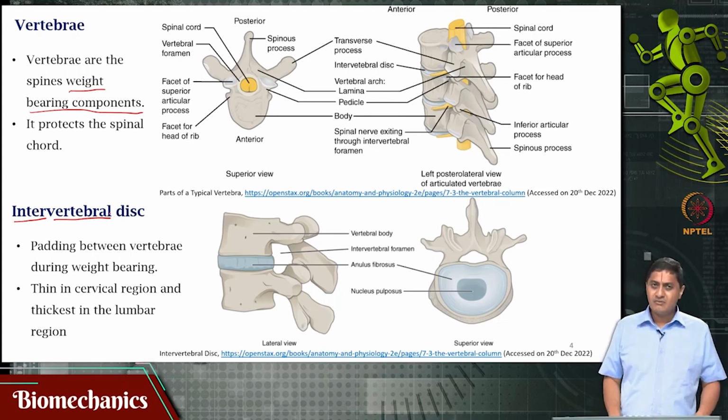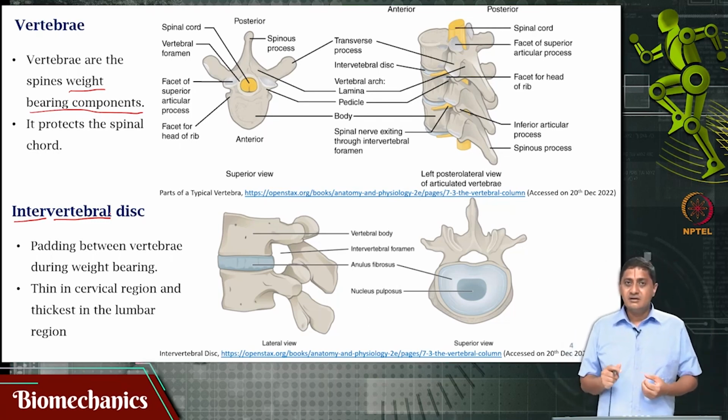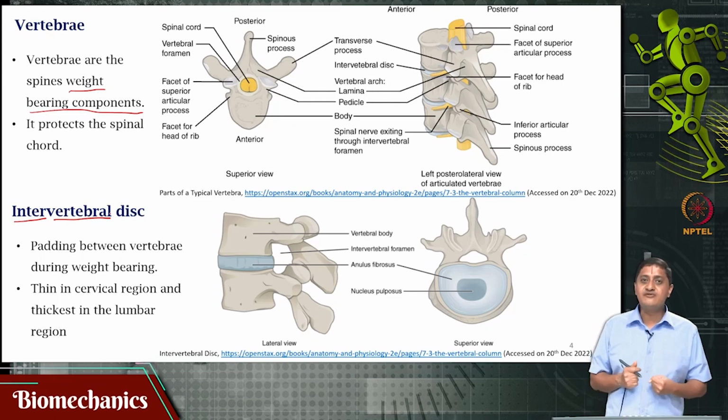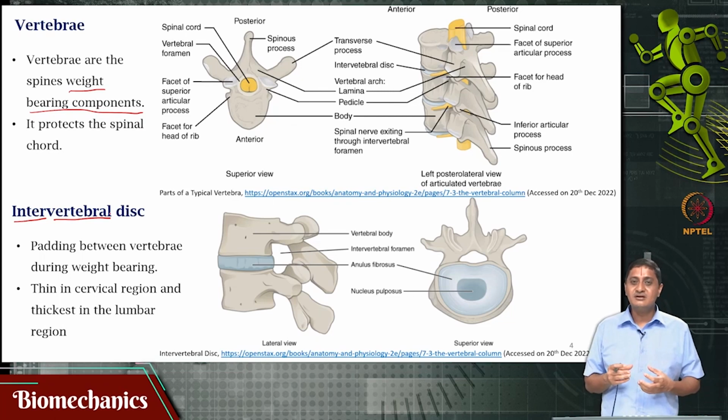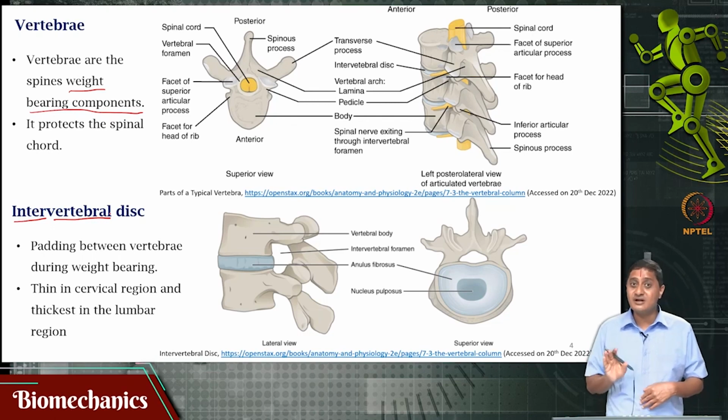What is the purpose of this? Why do you need a padding? Because vertebra themselves are bony structures. When they interact with each other, there can be unwanted forces between them, and you want to make sure that force transmission is along the directions that are desired and not in directions that are not desired.